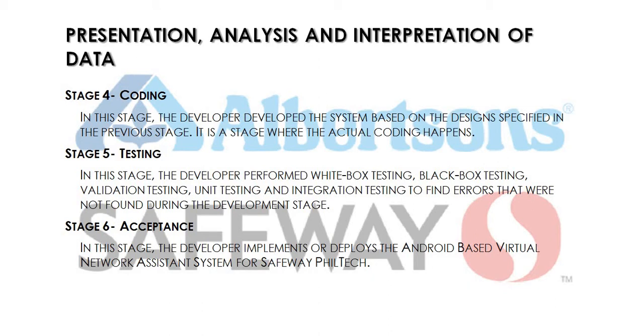In this stage, the developer performed white box testing, black box testing, validation testing, unit testing, and integration testing to find errors that were not found during the development stage. Acceptance. In this stage, the developer implements or deploys the Android-based virtual network assistance system for Safeway PhilTech.